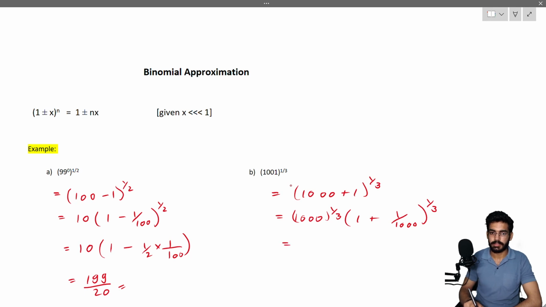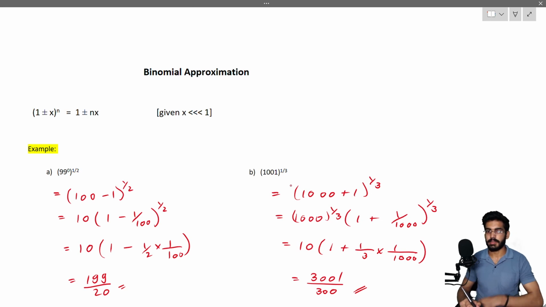So 1000 to the power 1/3 is 10, and for (1 + x)^n, I can write 1 + nx. nx is 1/3 into 1/1000, which is 1/3000. This gives 3001 divided by 300. This is your answer. This is very approximate.